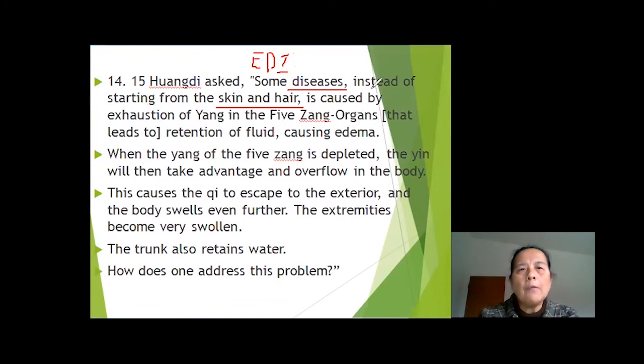But some illnesses are not coming from external. They come from internal, because yang deficiency of the five Zang organs causes disorder or deficiency, and then causes body fluid retention, causing edema.